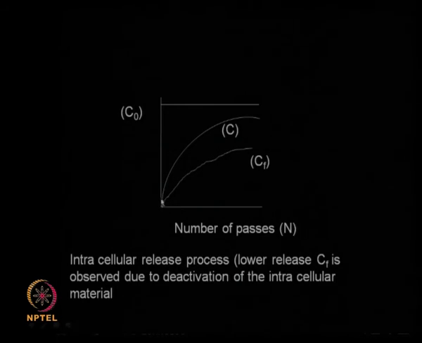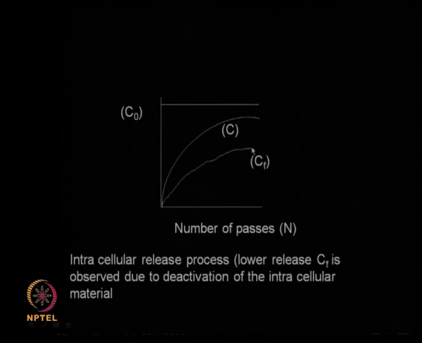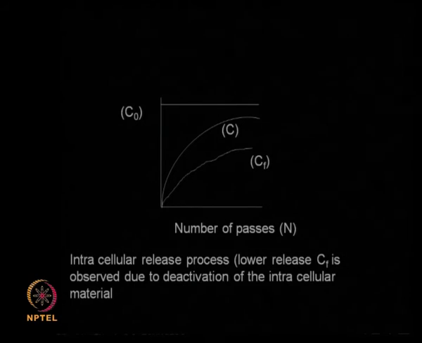So instead of following this particular graph, it may be following this particular graph, because there is a denaturation or deactivation of the enzyme taking place because of the rise in temperature inside the mechanical system like a disruptor or a homogenizer.